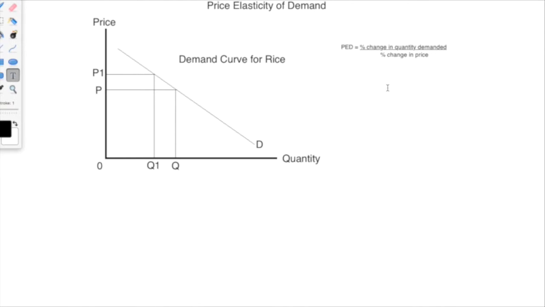So we're just trying to figure out the ratio, or the elasticity, of that curve when you change the price from P to P1 or from wherever to wherever, and we basically want to see the impact that creates for the demand of that product.